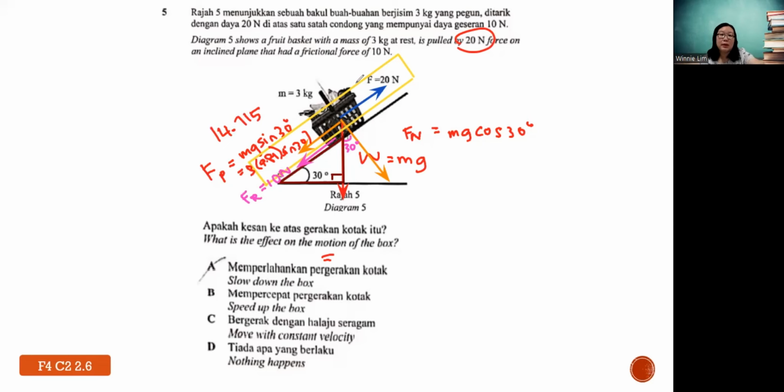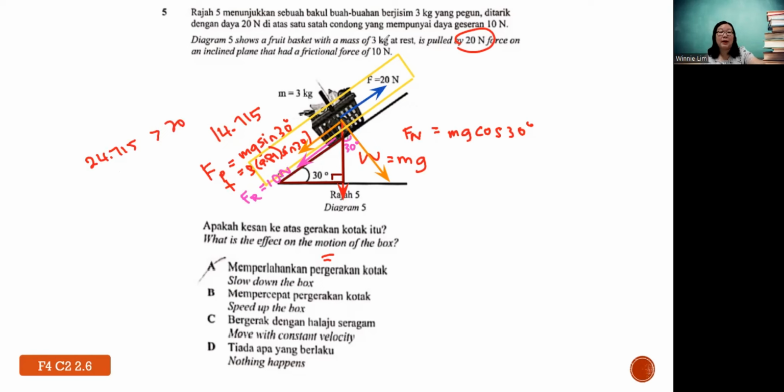Now you need to see, is the pulling force greater than these two forces or lower? If it is greater, that means the box is being pulled up with an acceleration. But if your downward force is greater, FP with FR, which is 24.715, is greater than 20.